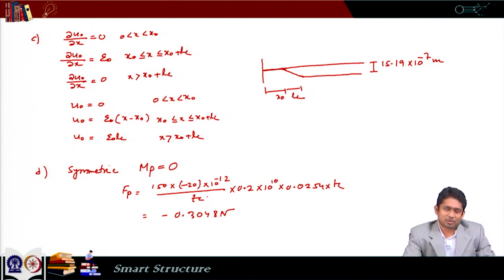So, there is no MP, there is only FP. So, it can be solved as a pure extension problem in the same procedure.